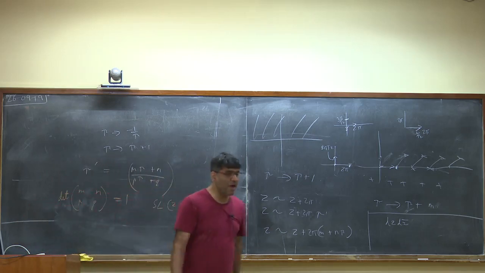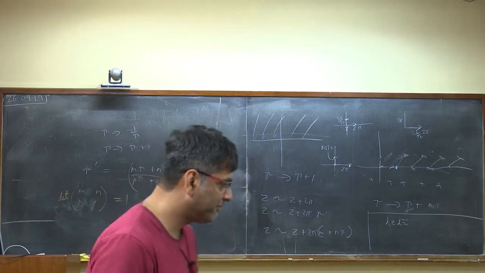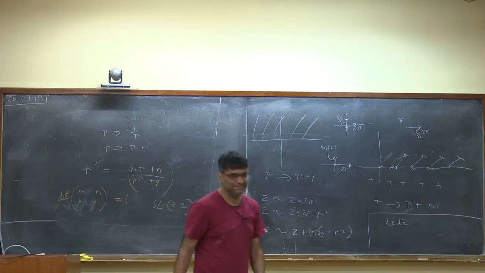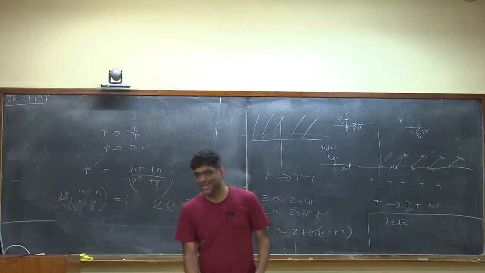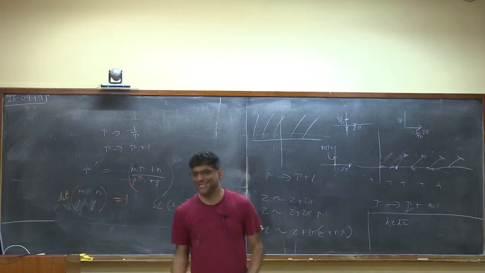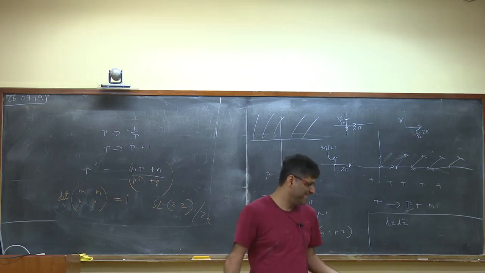So now a question we're going to ask is, when we do the integral over all tau, if we actually do the integral over everything, we will just get infinity. Because every time we will have a copy of the volume of SL2Z, which is just the number of points in SL2Z, but that's infinite.